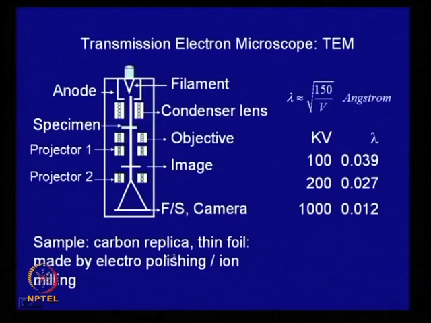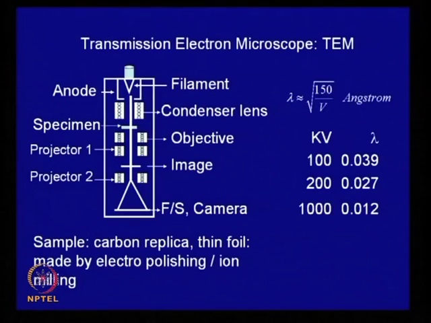You can take a replica. What you can do on a piece of metal, you can deposit a layer of carbon, and you can then float that replica by dipping it in water, and that replica can be fished onto a copper grid, and that grid can be placed in the microscope here as a sample, and that carbon foil gives an image of the top surface of the metal.